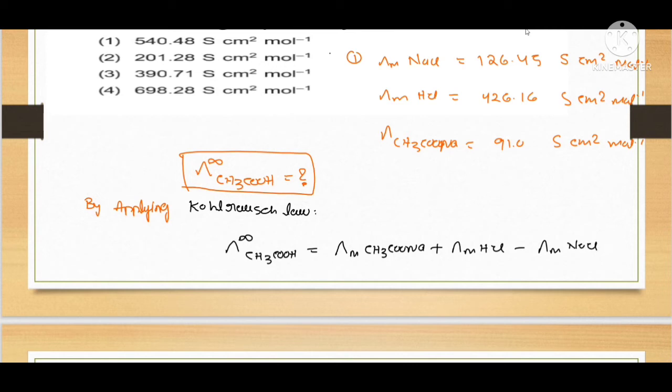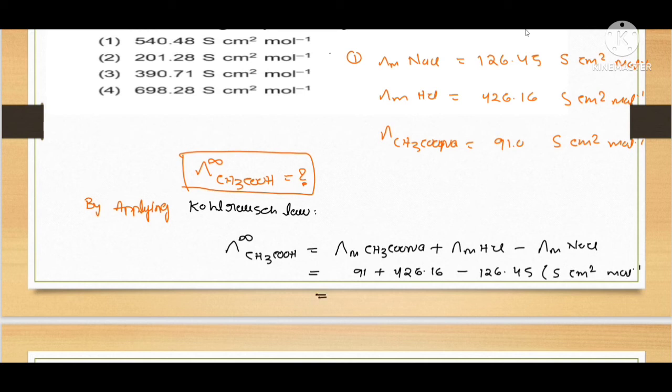Now substitute the above values in the given equation. Here the molar conductivity value of sodium acetate is 91 plus the molar conductivity of HCl is 426.16 minus the molar conductivity of sodium chloride is 126.45. Here units are Siemens centimeter square mole inverse.